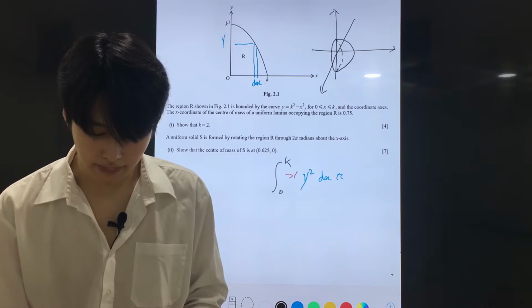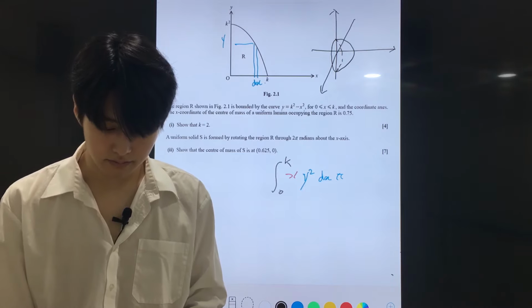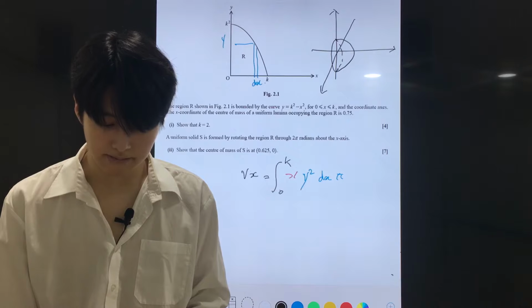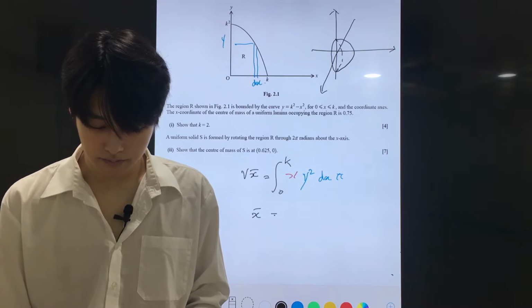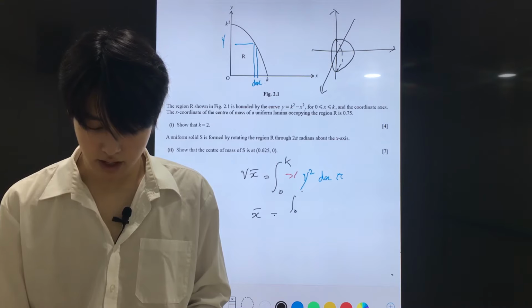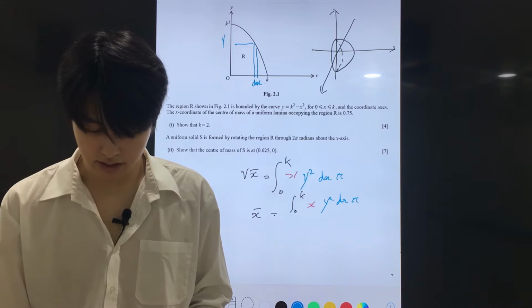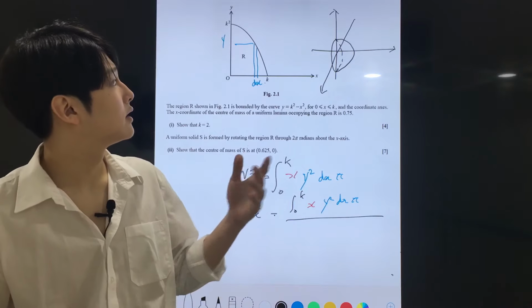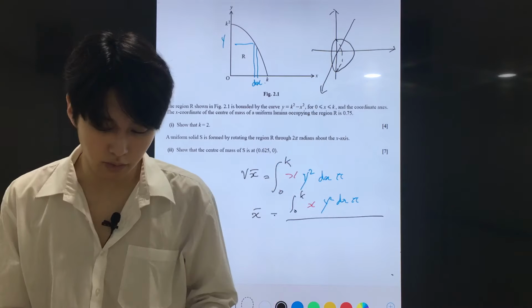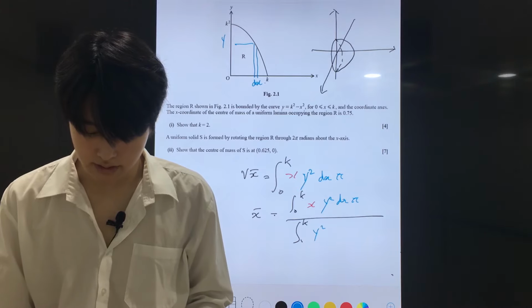From 0 to k, that's going to equal the moment of the volume from x bar. So x bar is going to be equal to the integral from 0 to k of pi x y squared dx over the whole volume, which you probably have learnt, the integral from 0 to k of pi y squared dx.